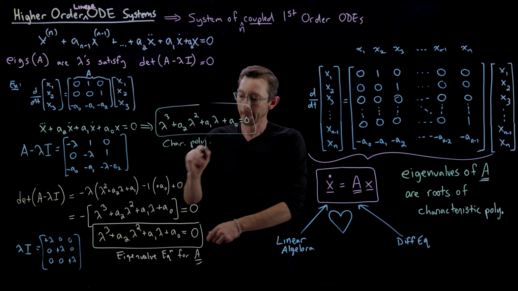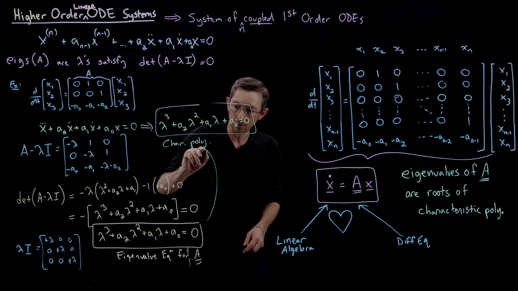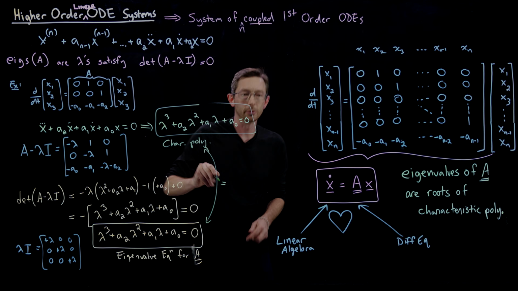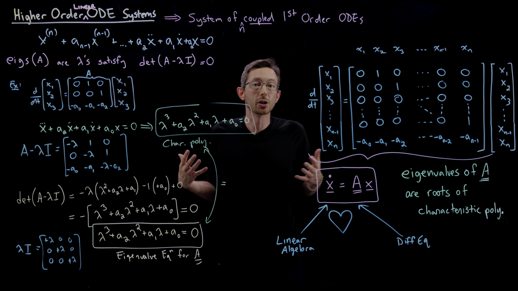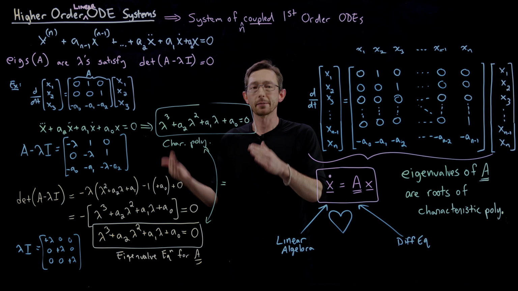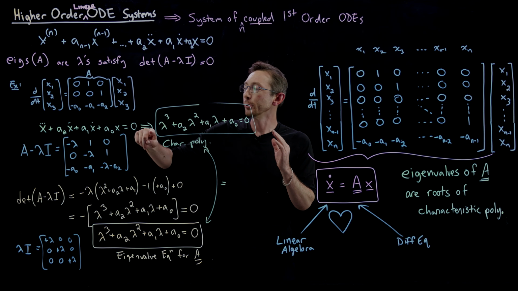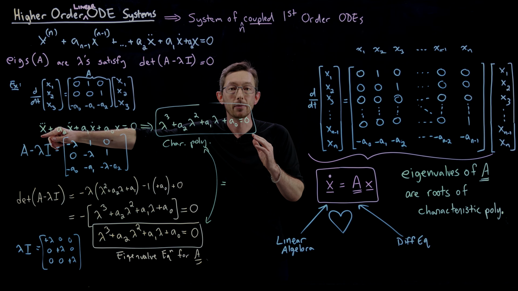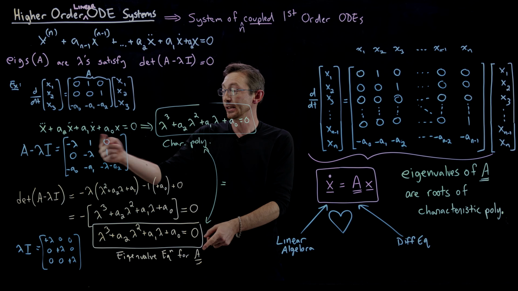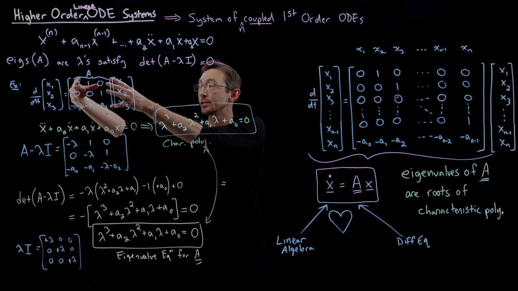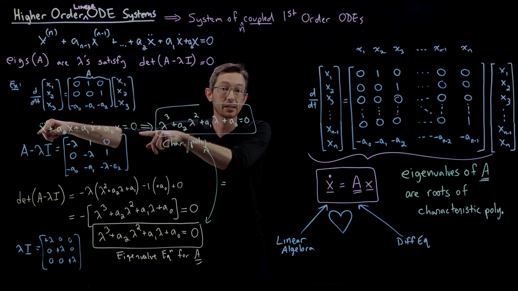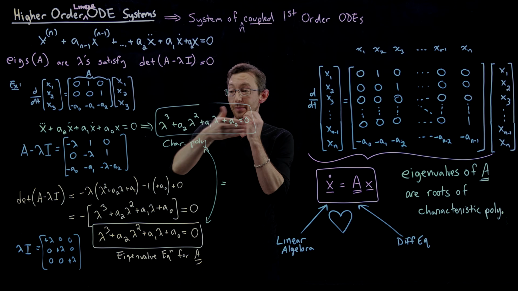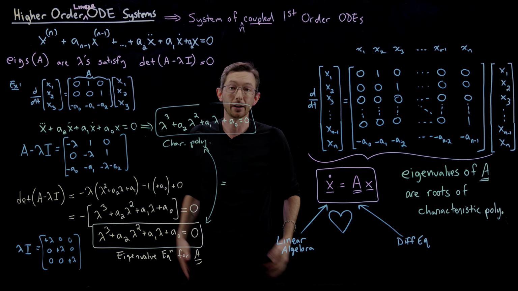And of course, these two are completely equal to each other. So that's what I wanted to show you: yes, in fact, the roots of the characteristic polynomial are eigenvalues of this matrix A. I can find the eigenvalues of A, and that gives me the roots of my characteristic polynomial. I can find the roots of my characteristic polynomial, and those will give me the eigenvalues of A.